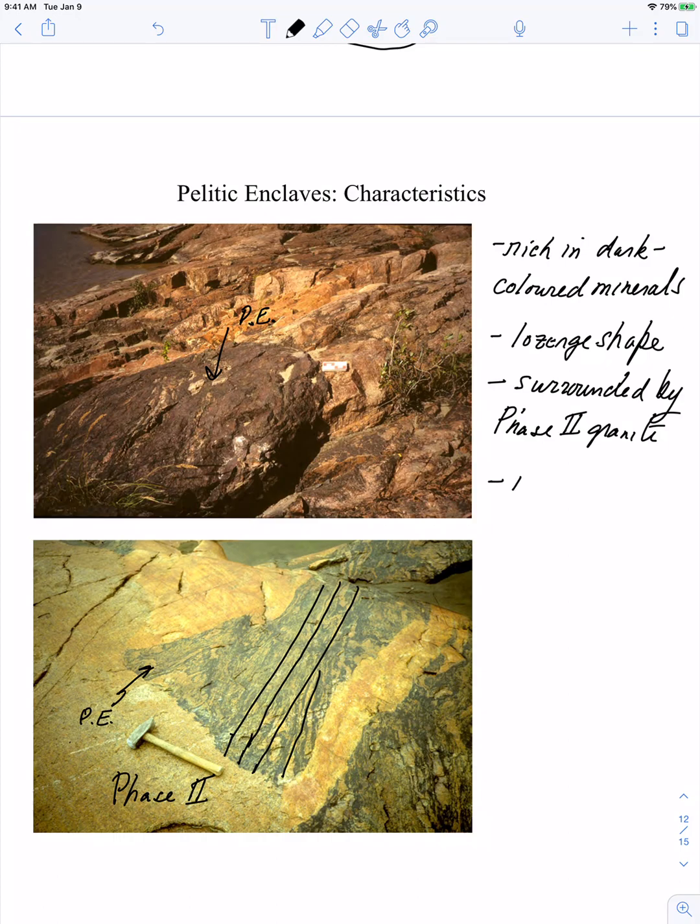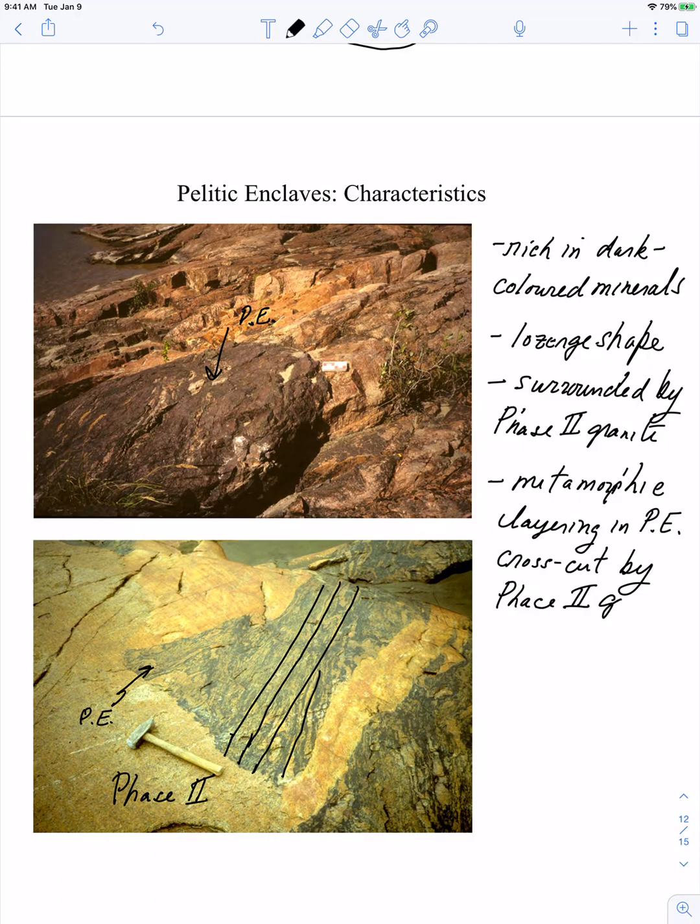Okay, so the observation is the metamorphic layering in the politic enclave is cross-cut by phase 2 granite. If you think back to something you learned in intro geology, there's the law of cross-cutting relationships.